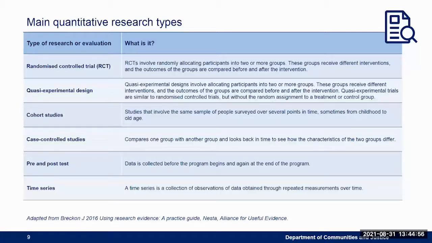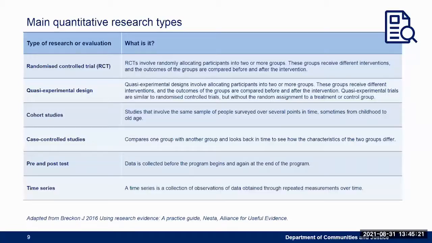Quasi-experimental design is very similar to an RCT, except it doesn't involve random allocation or random assignment to the treatment or control group. So in an RCT, participants are randomly assigned to one of those two groups. In a quasi-experimental design, they are allocated. So it does have what's called greater bias because it doesn't have that random allocation to the groups.